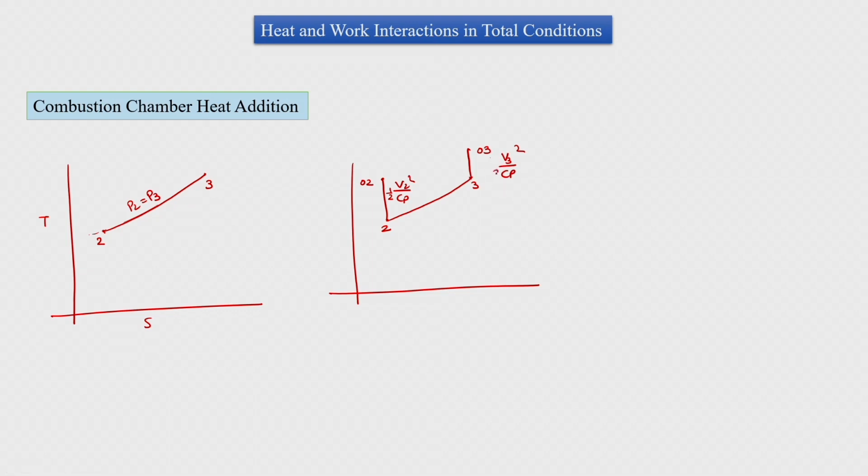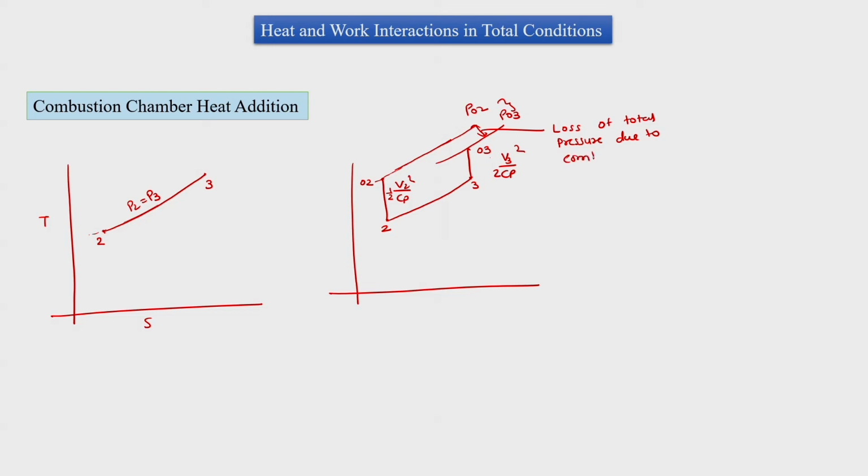And then if we try to connect them, we would see that this was P naught 2 and this is P naught 3, where P naught 3 is less than P naught 2, and this difference in total pressure is the loss of total pressure due to combustion, and this is how we will start accounting the total pressure loss.